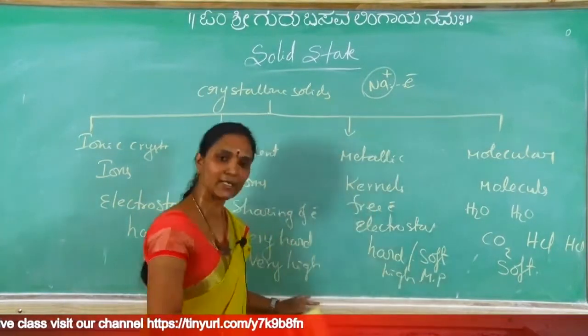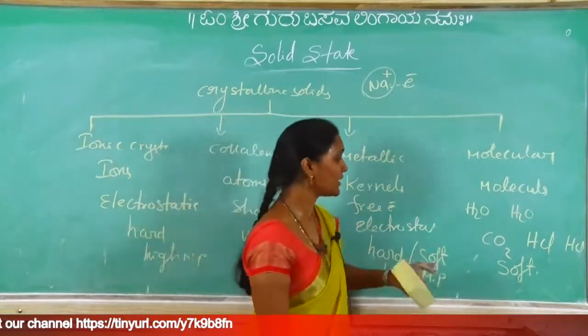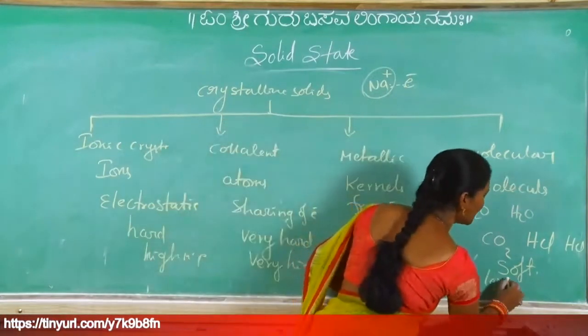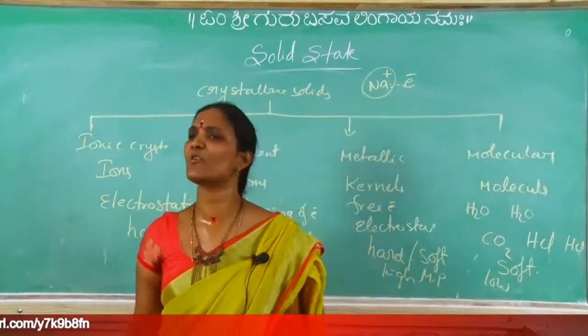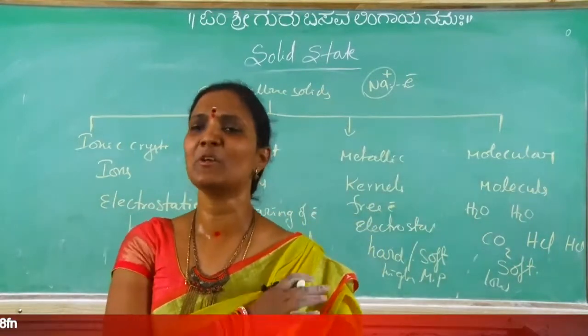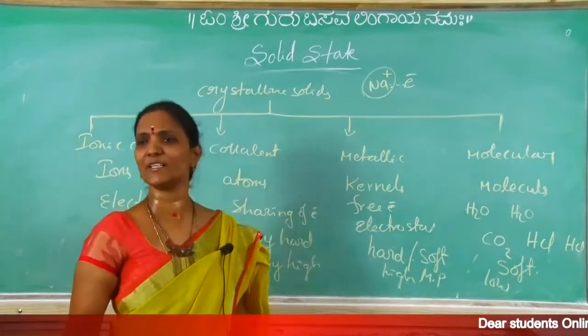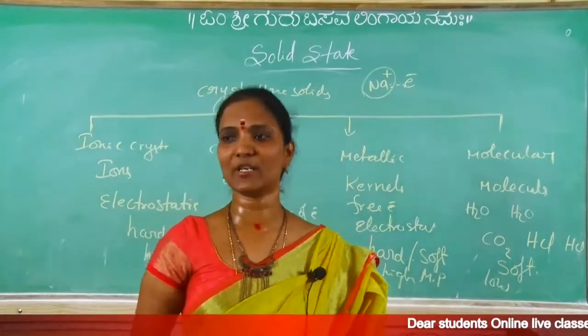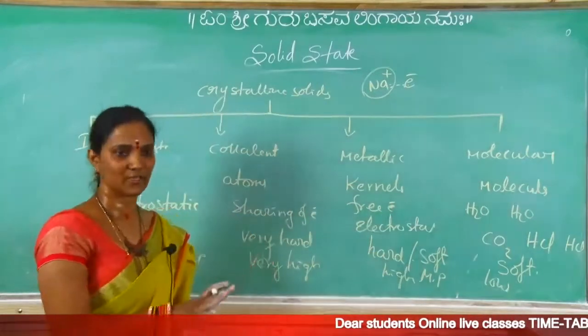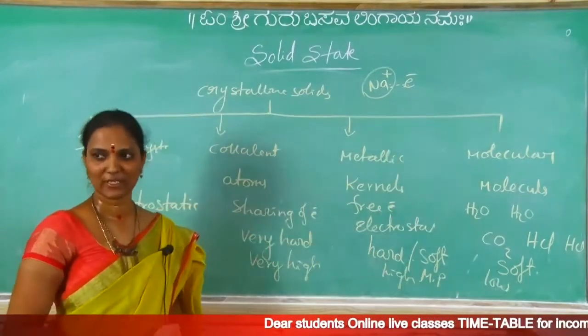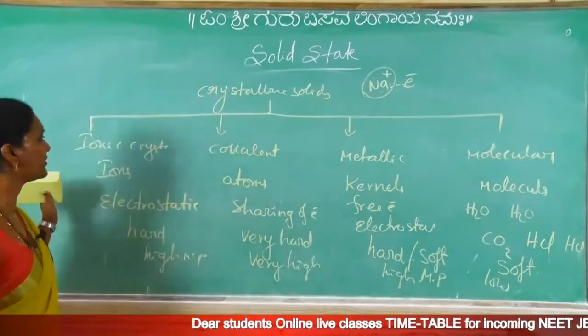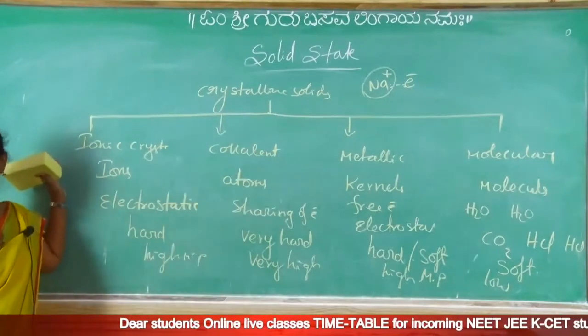General statement: they have high melting point, and molecular solids have low melting point. So the question: which of the following has low melting point? The molecular solid, because a molecular solid is a soft solid and has a low melting point. These are the characteristics of different types of crystalline solids.